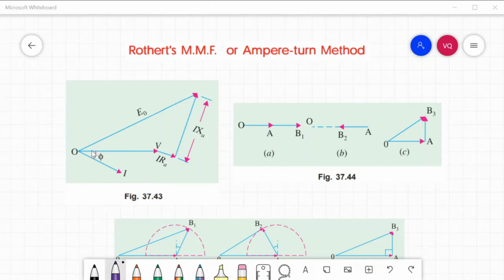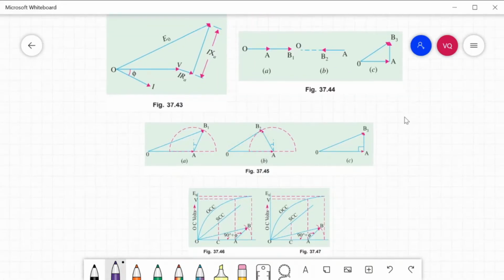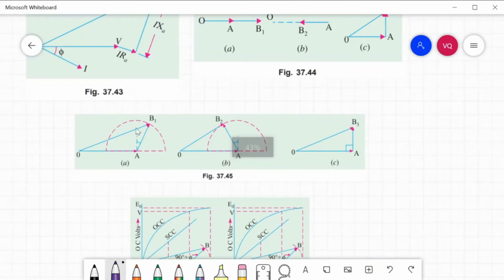So for the general case, let us consider when the power factor has any value between zero, lagging or leading, and unity.